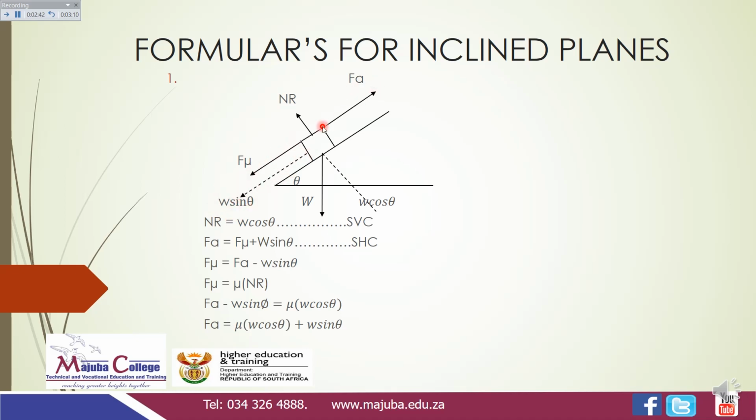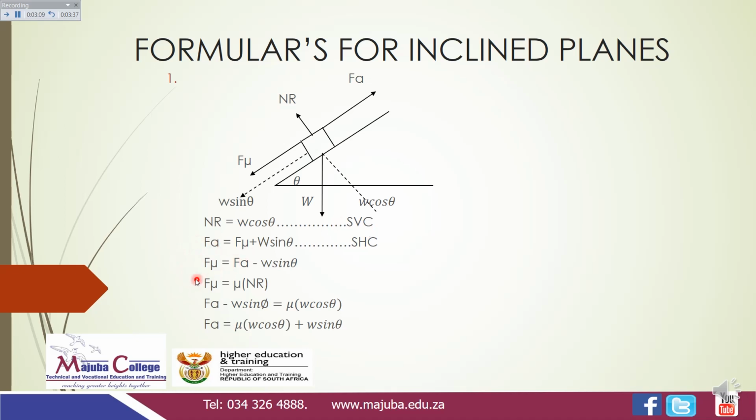We'll take these forces as the parallel forces and as the horizontal components. So your FA will be equal to FU plus W sin theta. And your perpendicular forces, your NR is opposed by W cos theta. We'll take them as the vertical components.